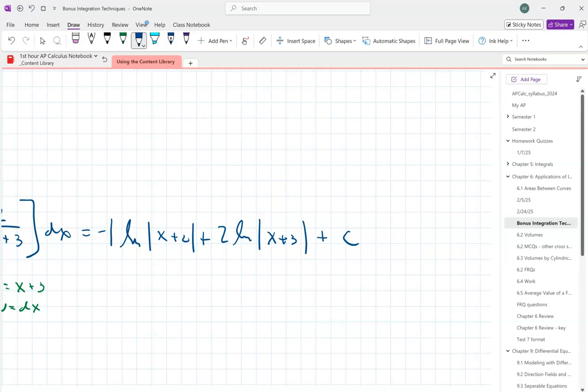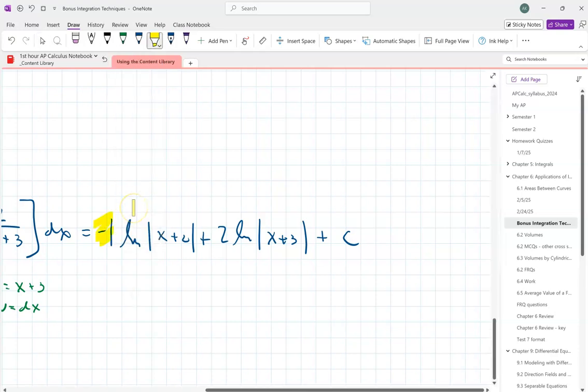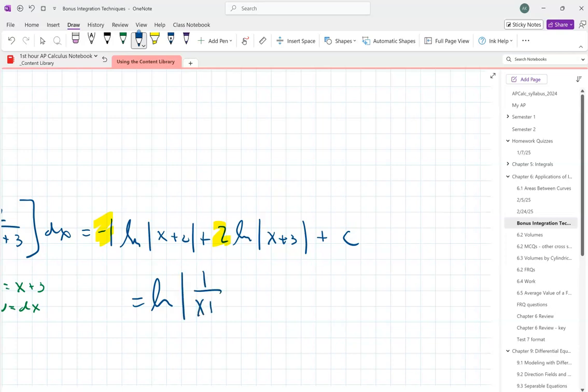So what does a coefficient out front of a logarithm mean? It's going to be an exponent inside the logarithm, right? Like that. So I could do that, right?